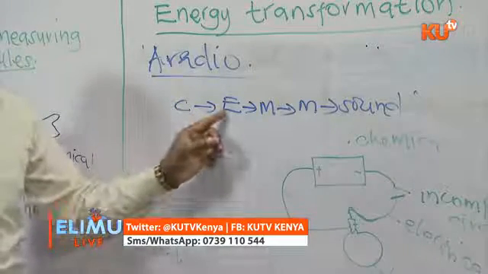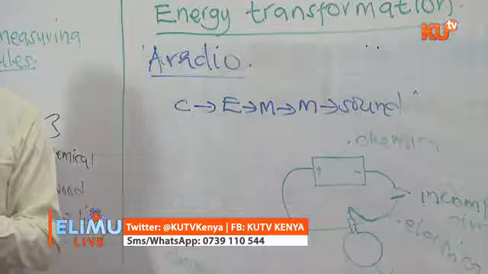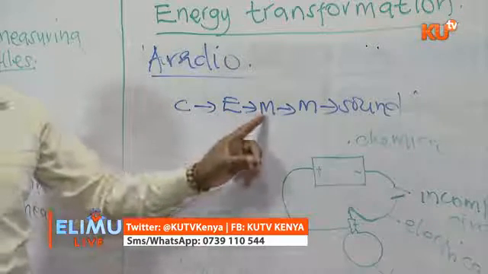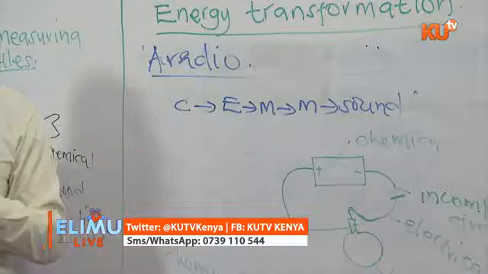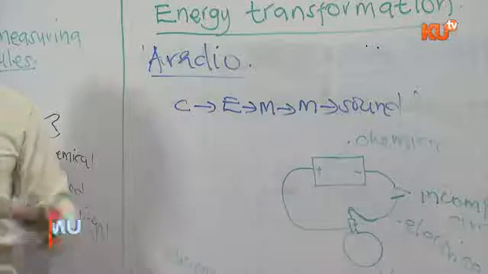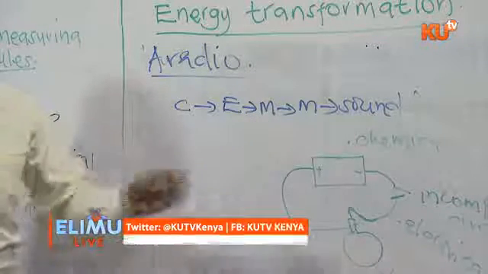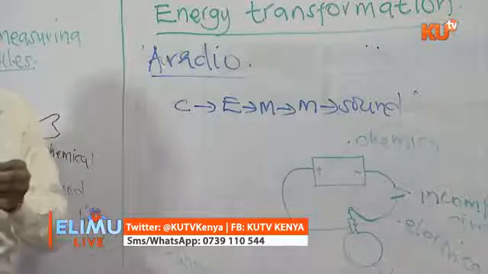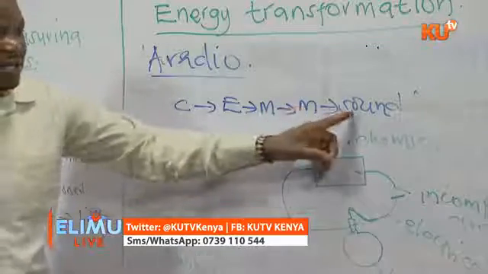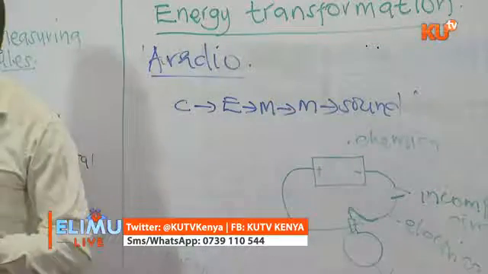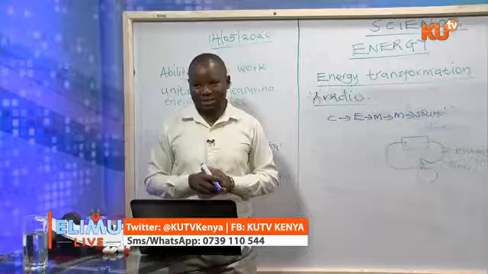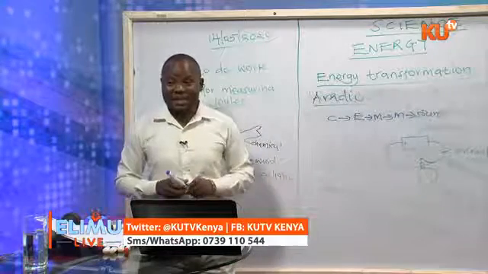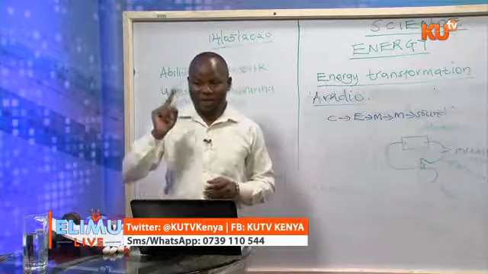We have electrical energy, the energy that is in wire. This one is called magnetic energy. That is the energy in a magnet. Then we have mechanical energy, because there is that movement of the speaker. Then we have the sound energy, which you can listen to as very good music. So that is the energy transformation in a radio.